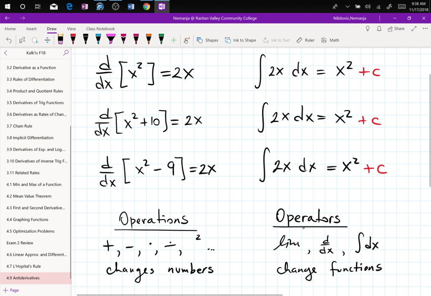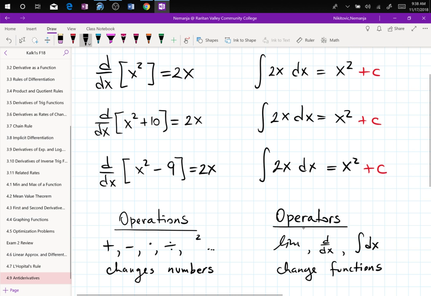So when you have a mathematical operation between two numbers, 3 plus 5, plus is a mathematical operation, and 3 plus 5 is 8. So we change 3 and 5 into 8. 3 minus 5, negative 2. 3 times 5, 15. So we are changing these numbers 3 and 5 into 15 and negative 2 and 8 and so on. Observe what the derivative did.